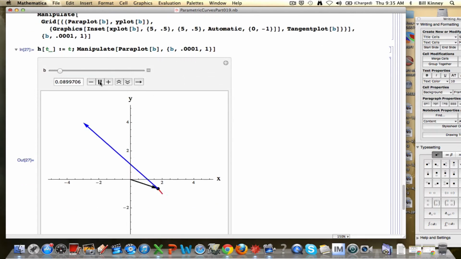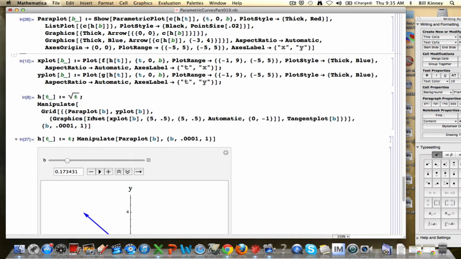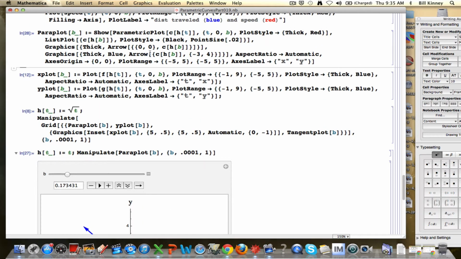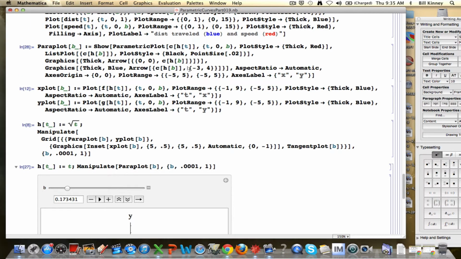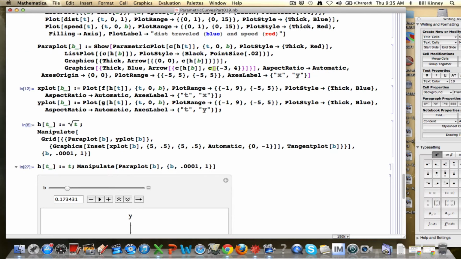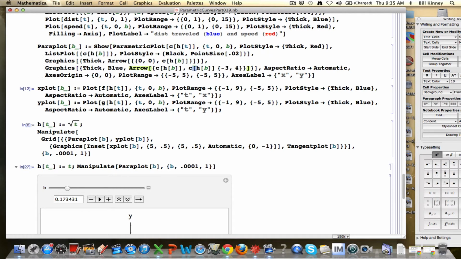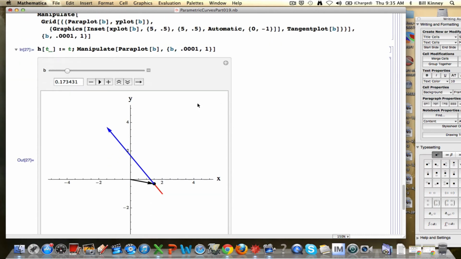That's because I'm keeping the tip of the vector at the point -3, 4. How can I make it work? Well, it turns out if you go back up here and take this -3, 4 and for a mysterious reason somehow add h of b to it, I'm going to put a plus sign in here, c of h of b, all of a sudden that's something that works.